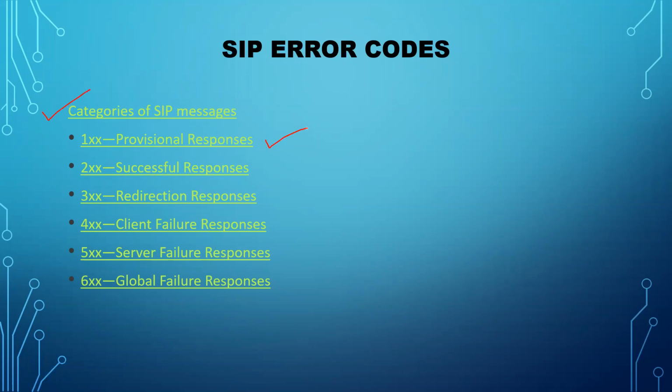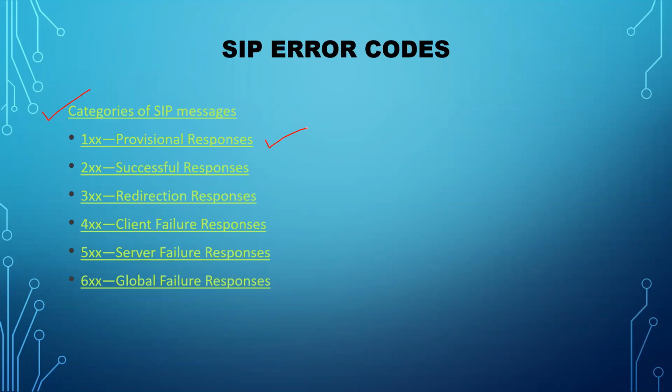So the very first message which will come to your mind for the provisional responses would be 100 Trying, I believe. If you know what SIP is, how the SIP messages work, what the SIP call flow is, then you should know about this 100 Trying.